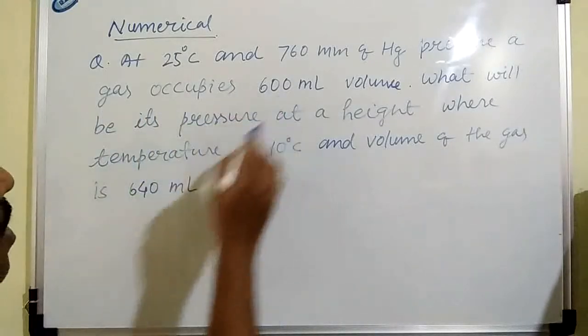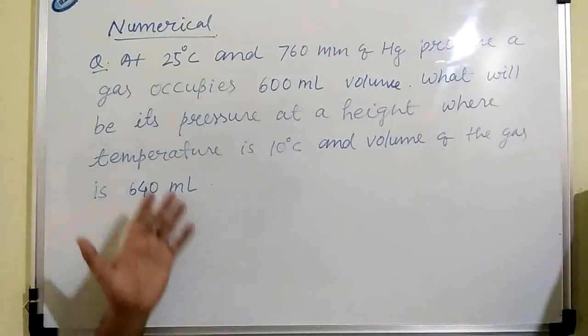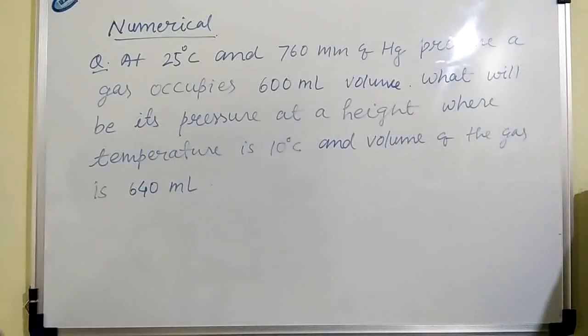Now I have written the question, and this is the numerical based on the formula that we have derived, the combined gas law: P1 V1 by T1 is equal to P2 V2 by T2. So we have to solve this numerical.